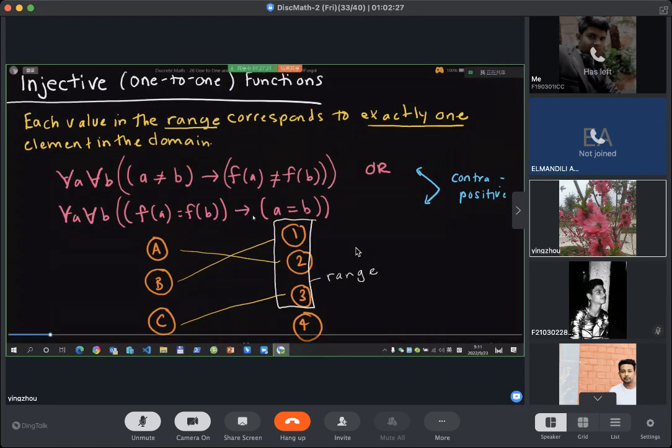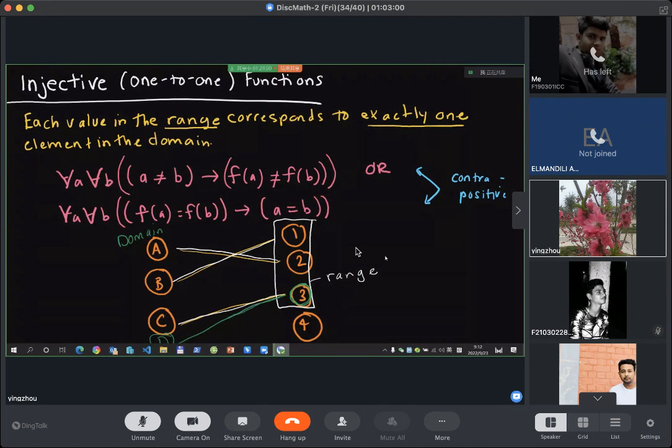So 1 corresponds to only B, 2 corresponds to only A, 3 corresponds to only C. If, however, I were to add an element D in my domain, and that element mapped to 3, this is no longer a one-to-one function, because this value in the range maps to 2 elements in the domain, and therefore it would not be one-to-one. So just from the word meaning, one-to-one means only one-to-one.